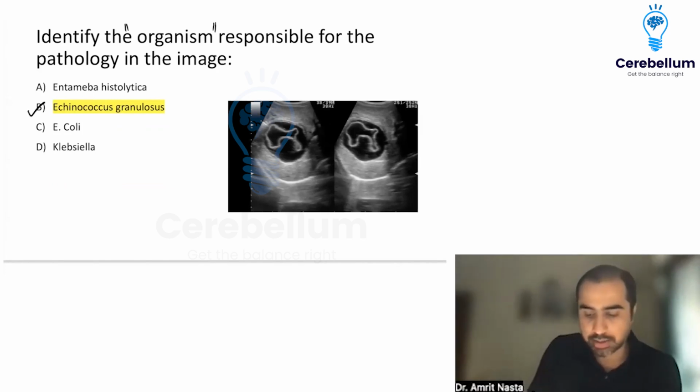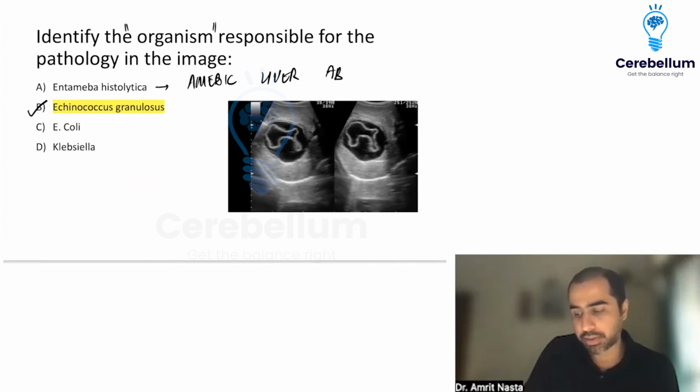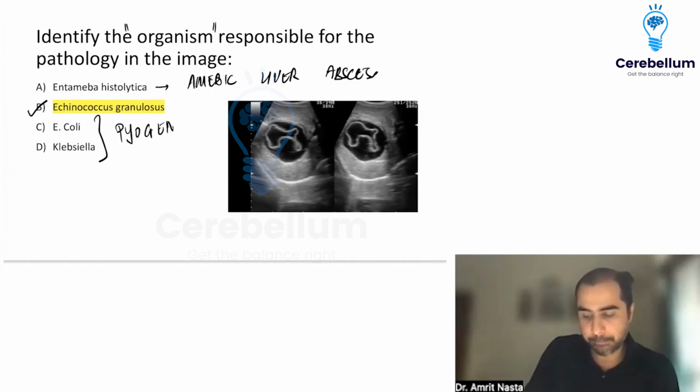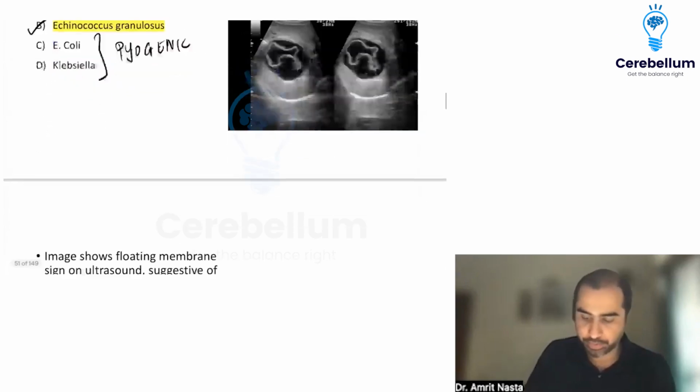This is a hydatid cyst formed by echinococcus. Entamoeba histolytica will give you amoebic liver abscess. E. coli and Klebsiella will give you pyogenic liver abscess.